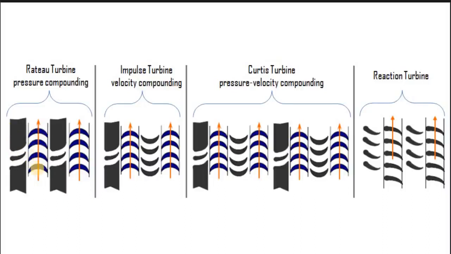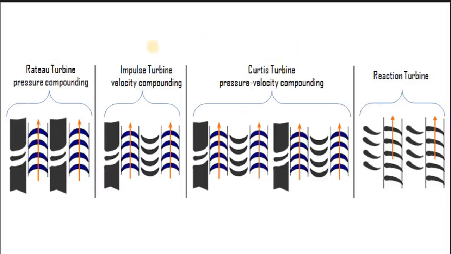Then another row of nozzles, another row of moving blades, and moving blades are impulse type, so that is pressure compounding. Here fixed row of nozzles, then moving blades, fixed blades, moving blades. This was also impulse turbine but velocity compounding. Then here two velocity compounded turbines are attached in series with each other, then it becomes pressure velocity compounding.